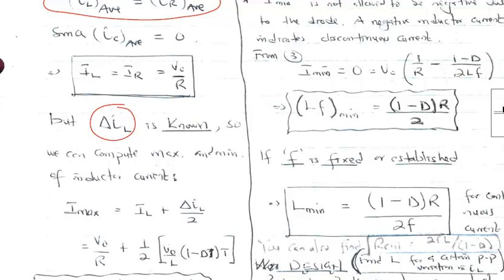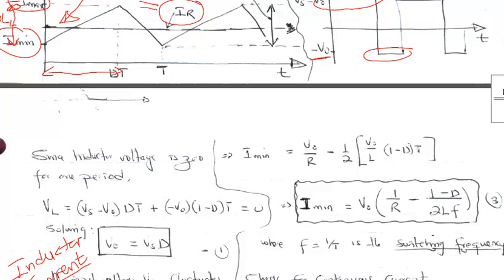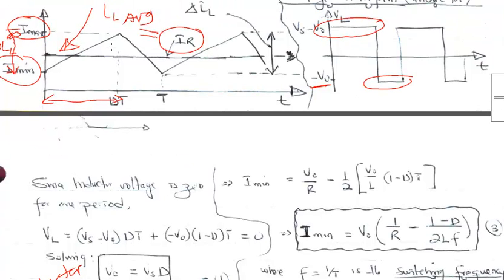If you look very closely, since the average is exactly splitting up the waveform, it means that if I know the average and I know the change in inductor current, I can get the maximum inductor current and also the minimum inductor current, because the average inductor current plus half the change in IL is going to give me IL max, and the average inductor current minus half the change in IL is going to give me the minimum inductor current.